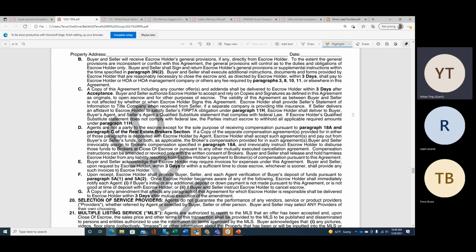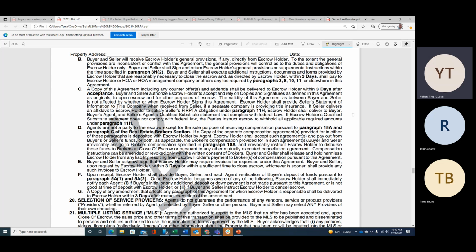Escrow holder shall provide seller's statement of information to the title company when received from seller, if a separate company is providing title insurance. If seller delivered an affidavit to escrow holder to satisfy seller's FIRPTA obligation under paragraph 11H, escrow holder shall deliver to buyer's agent and seller's agent a qualified substitute statement that complies with federal law.